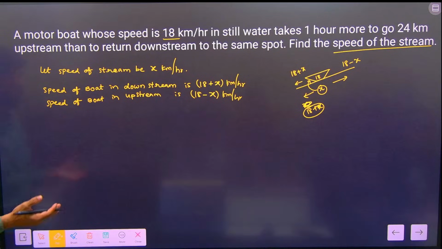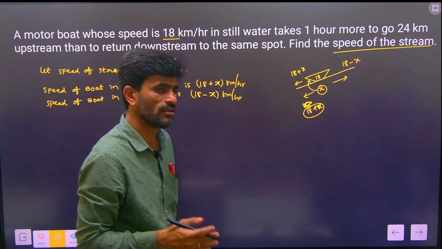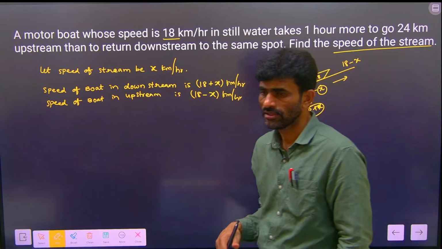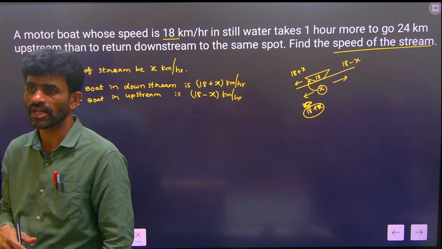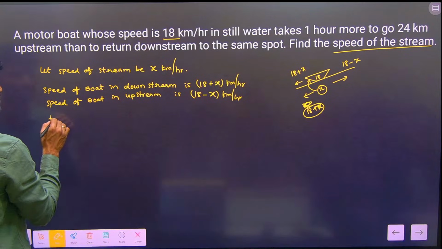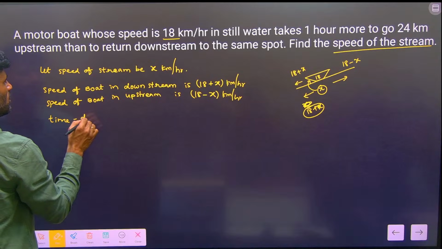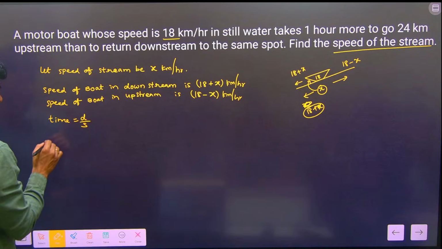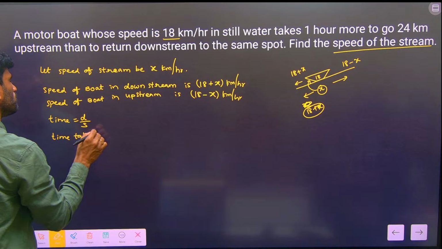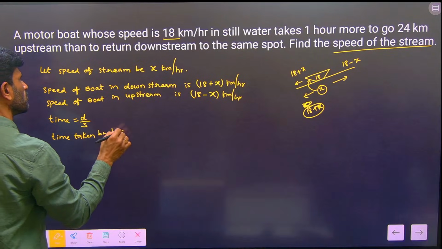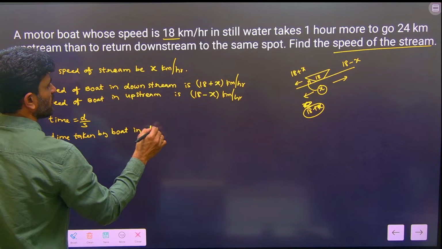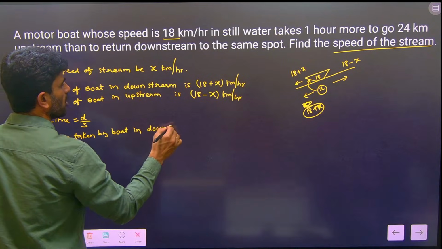Now what you have to find, like before in the train problem where we did T1, T2. Here also we have to find T1, T2: time in upstream, time in downstream. Time formula is distance by speed. So time taken by boat in downstream, let us write first.